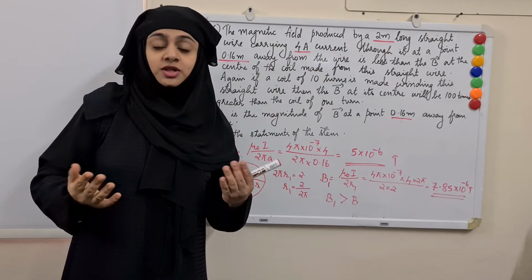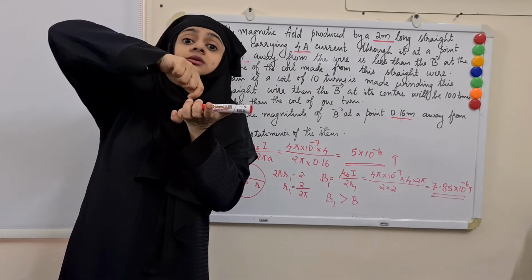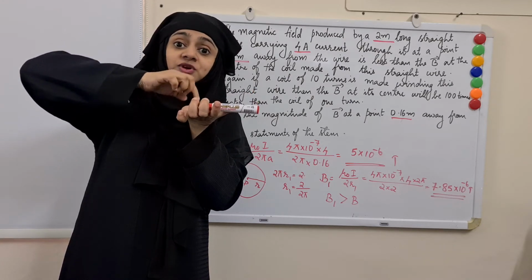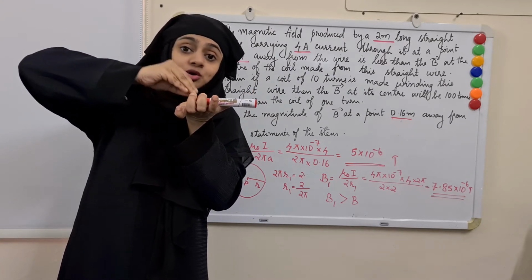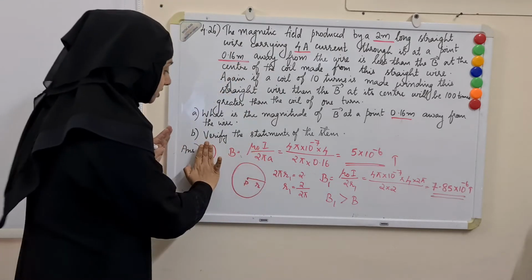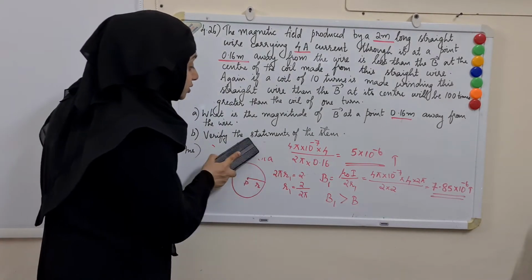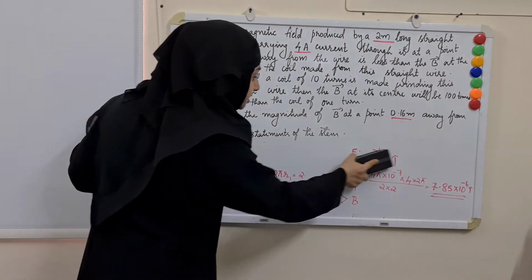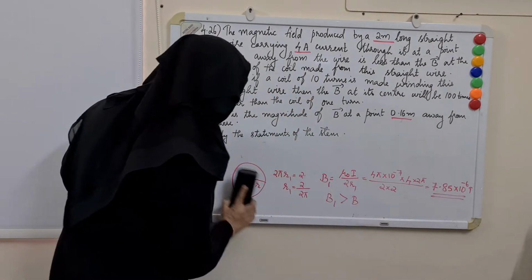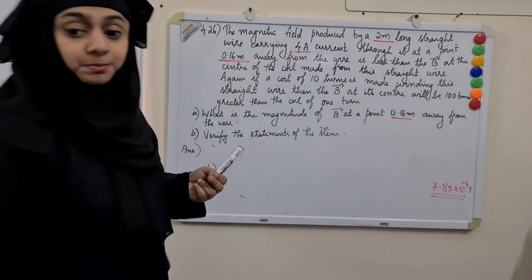What is the length of wire? 2 meter. Now it is wound into 10 turns. So each coil will have a circumference 2 pi r and the total length is 10 times 2 pi r. So I will not rub this part because we will have to compare the value.